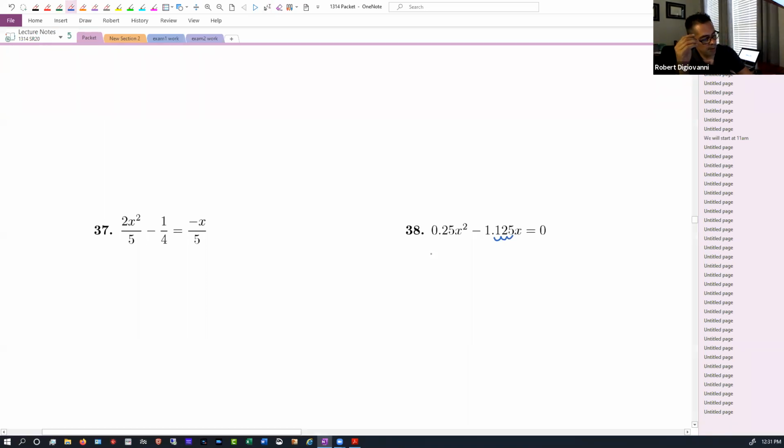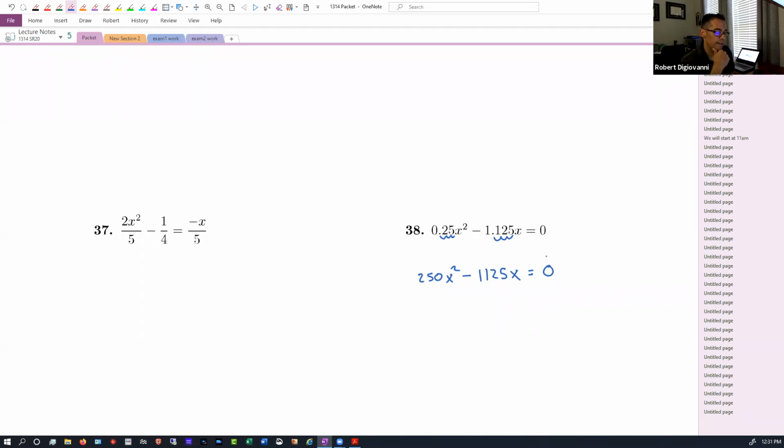So this first one, I move 1, 2, 3. So I'm going to have 250x squared minus 1125x equals, and then 0, it doesn't matter where you move the decimal place, it's still 0. And here, this one's a little bit different because these are big numbers, but it is a quadratic equation.